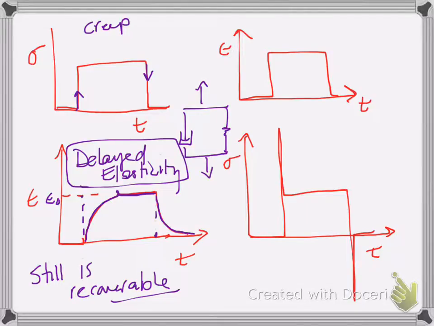and creating that deformation. If we do the opposite, this is our relaxation curve. So we apply a step change in strain, or we force it to strain at a certain amount, and then we force it back. Because we're forcing it, we actually have to apply our delta function of stress to get that strain to happen.